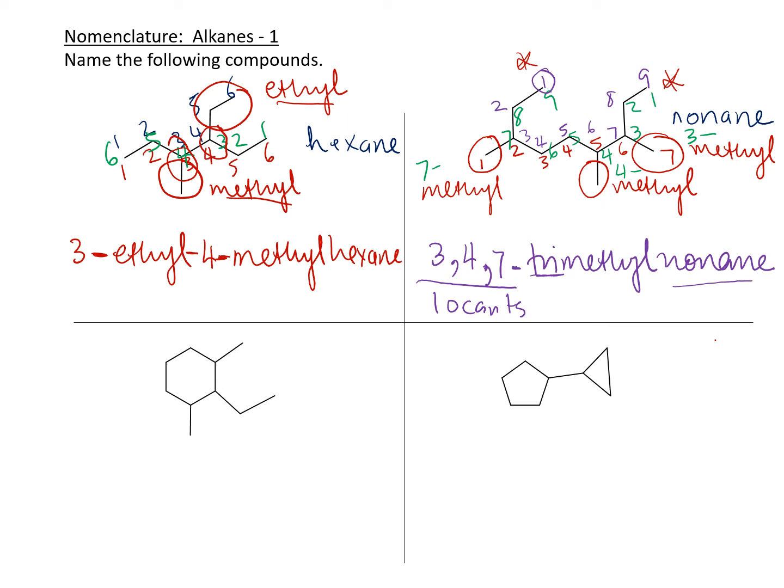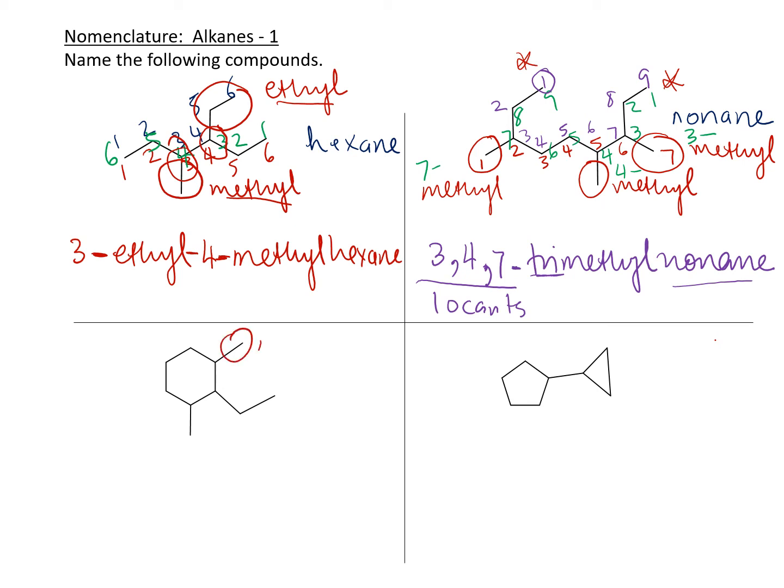Okay, let's look at the next one. Now we are actually in cyclic compounds. In the case of cyclic compounds, the one rule that you have to follow is if you have a long chain attached to a cyclic compound, you have to see which one has more carbons. Whatever has more carbons is going to get the base name. In this case, we don't have to worry about it because the substituents that we have are pretty small.